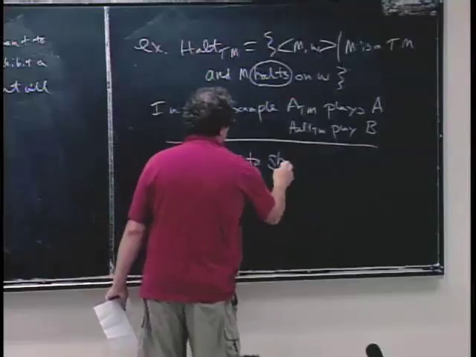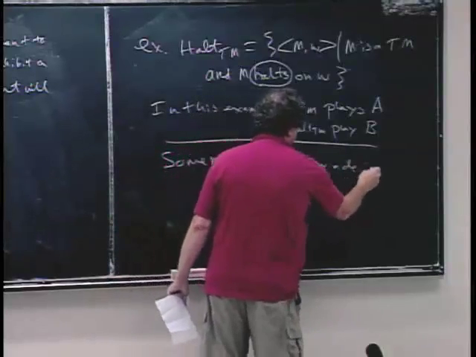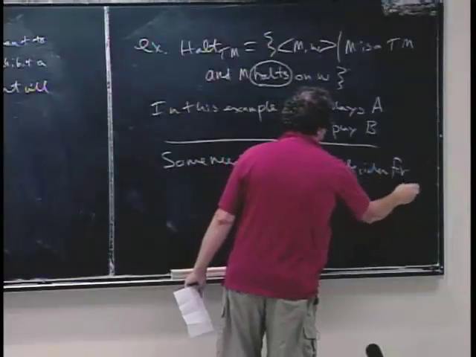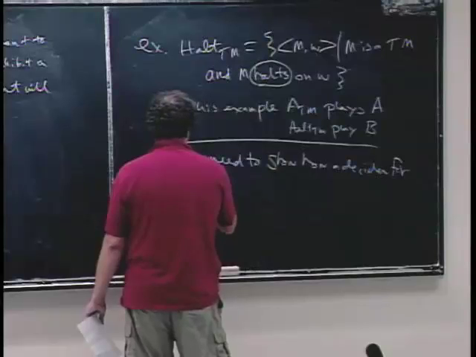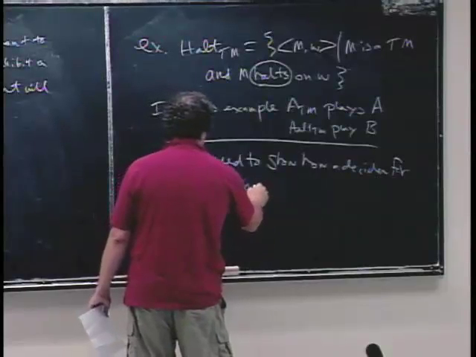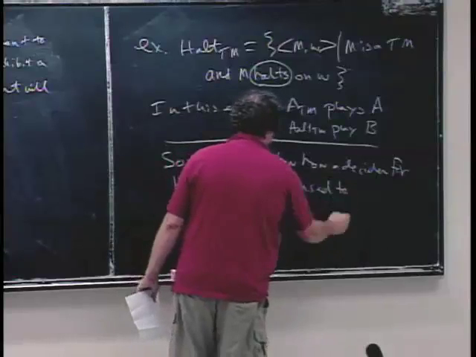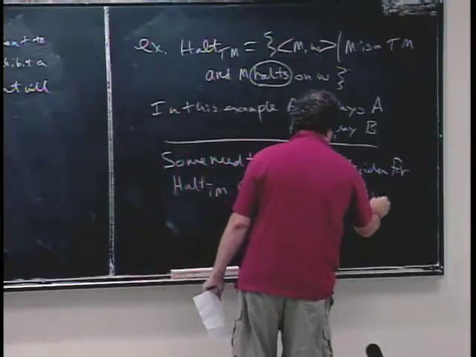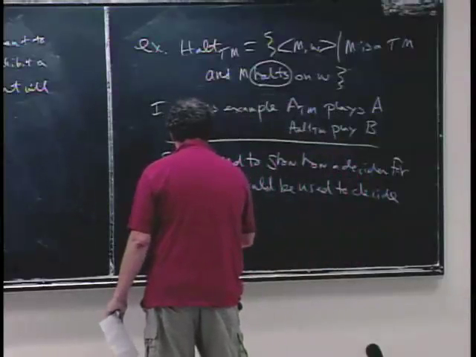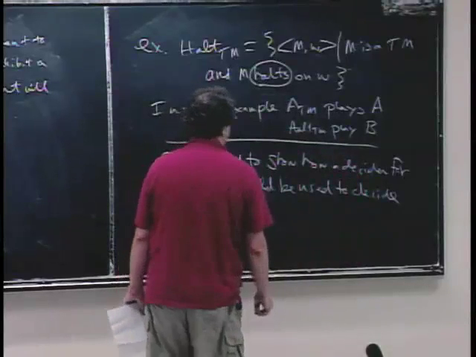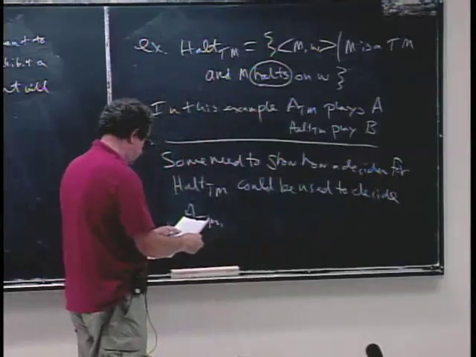We need to show how a decider for halt TM could be used to decide ATM. Now, what names do I want to give to these things?